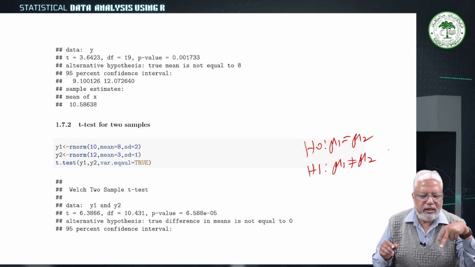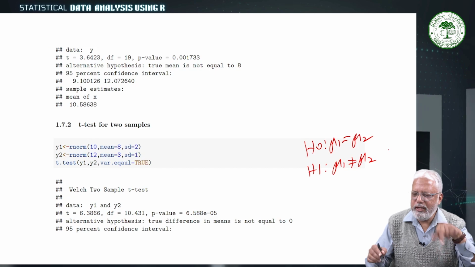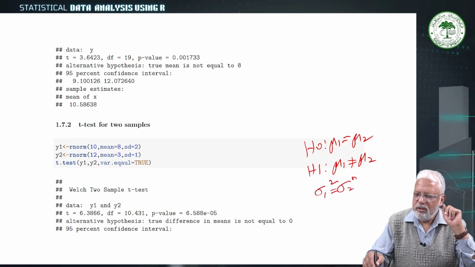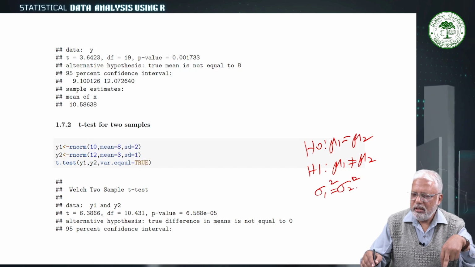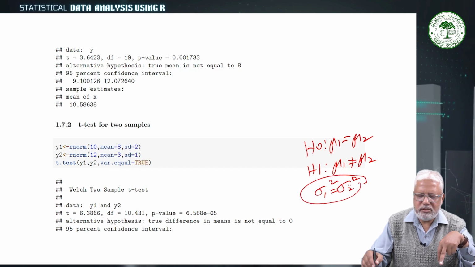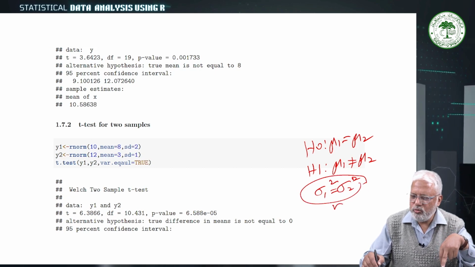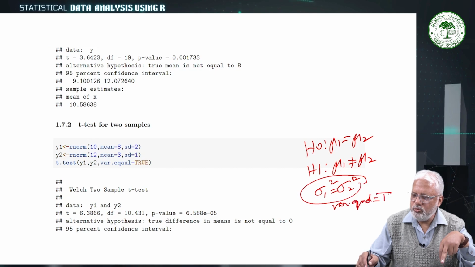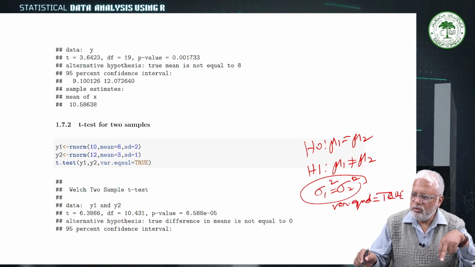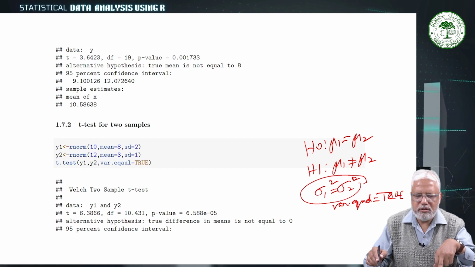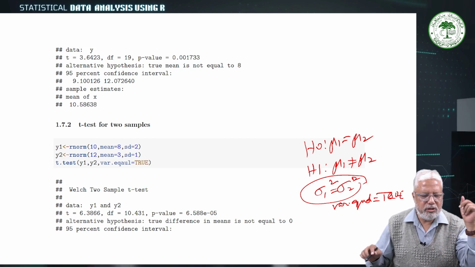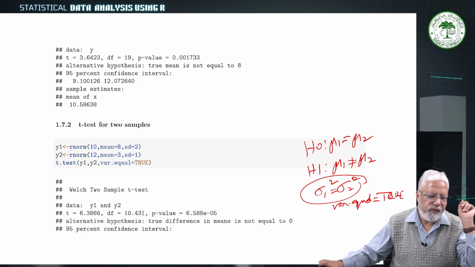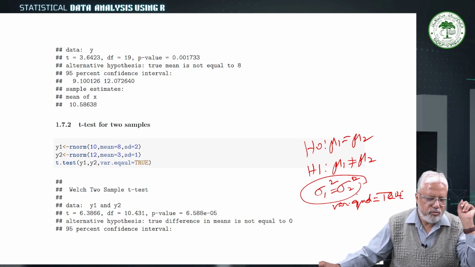If we are assuming that sigma1 square is equal to sigma2 square, then the argument is var.equal equal to true. So this argument is satisfied by this assumption. So here it is known as var.equal equal to true.